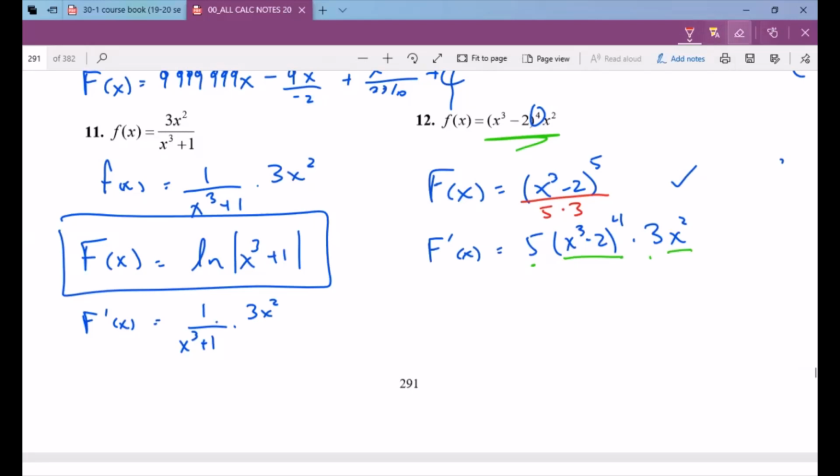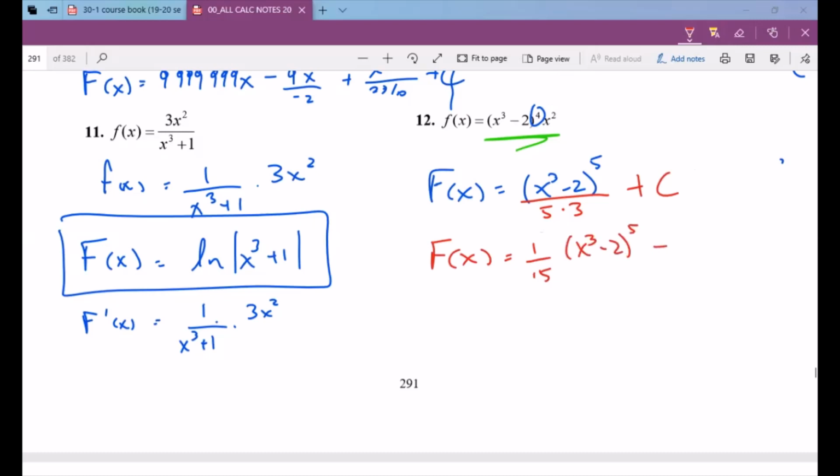So capital F of x is not just the x cubed minus 2 to the 5. It's x cubed minus 2 to the 5 over 15 plus c.